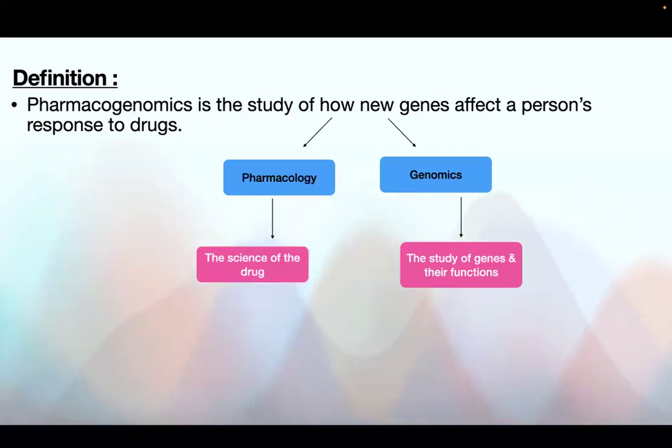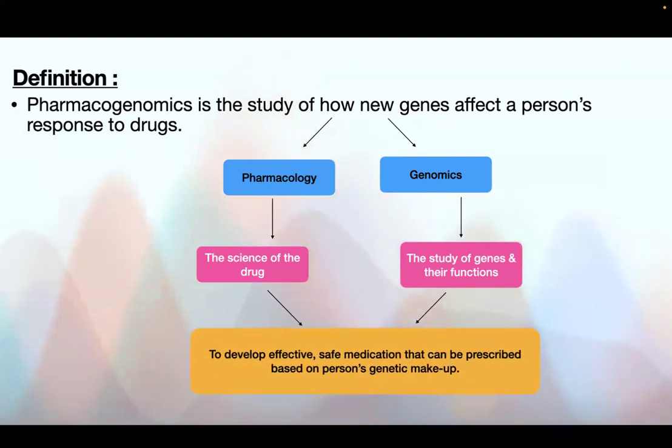You cannot say directly that genes are the only cause of drug response, but they are one of the reasons behind the variation in the efficacy of your treatment. So this is how it works: the study of genes and their function, genomics, and the science of the drug, pharmacology. When you combine both of these terminologies, your definition comes: pharmacogenomics.